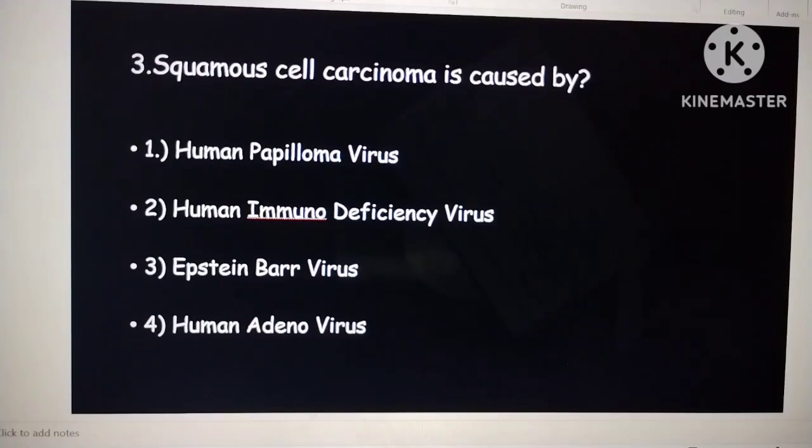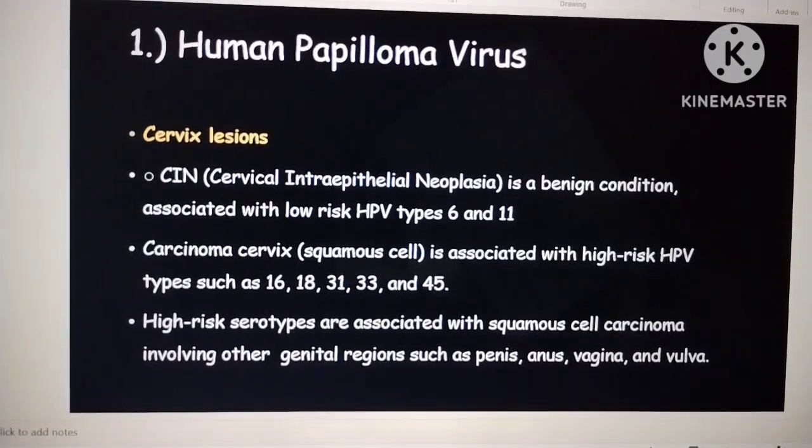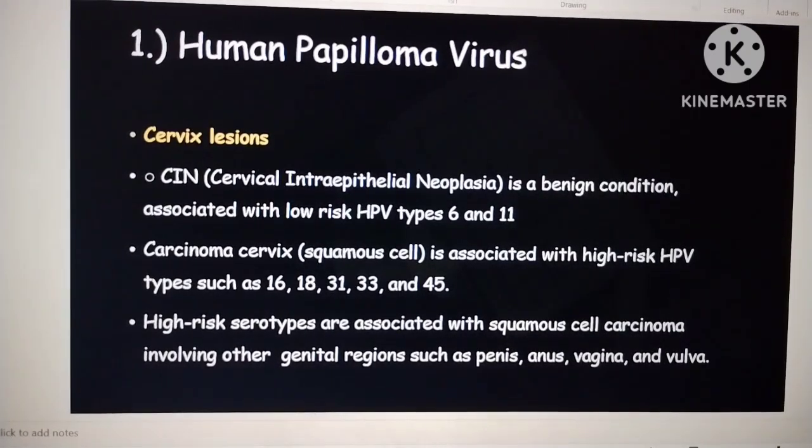The third question is: squamous cell carcinoma is caused by human papillomavirus, HIV, EBV or human adenovirus. It is always human papillomavirus, because it causes cervical intraepithelial neoplasia, but that is a benign condition associated with types 6 and 11, whereas squamous cell carcinoma is associated with types 16, 18, 31, 33 and 45.